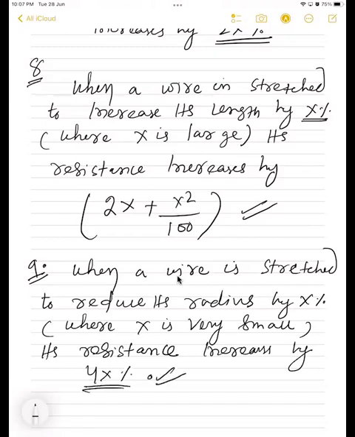Correct, students? Understood? Then I have a small thing we'll add here, and then we'll do the numericals in the next class.